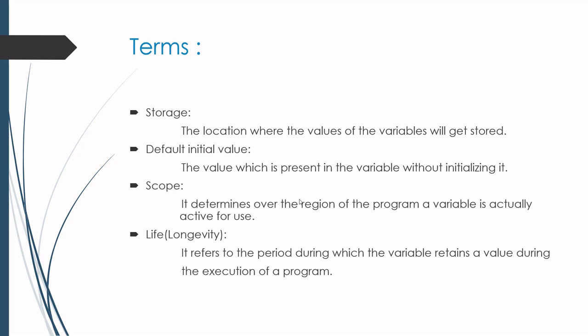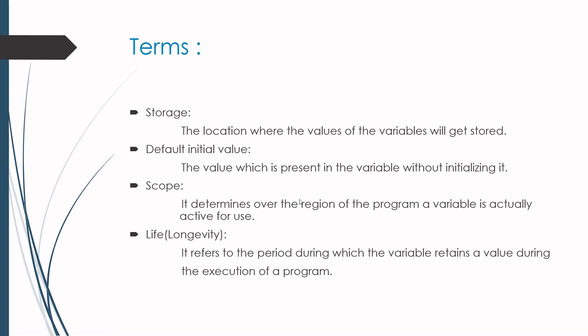For example, if you are declaring A and assigning A is equal to 6, and you have declared that variable within the main function, it means that variable can be accessed only within that main function, right? We couldn't access it in the user defined functions.